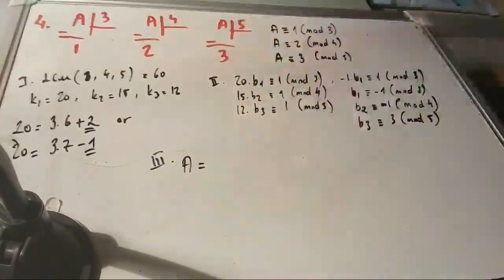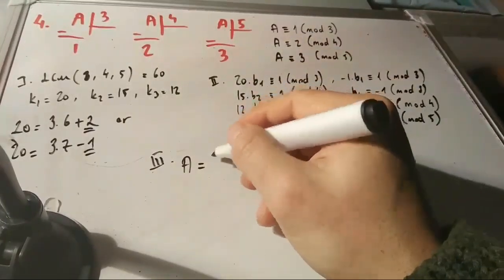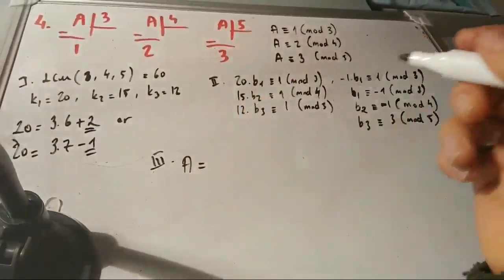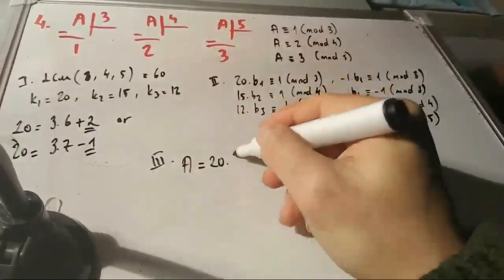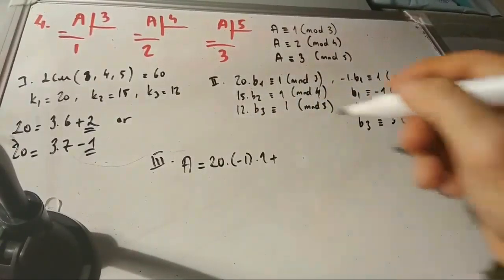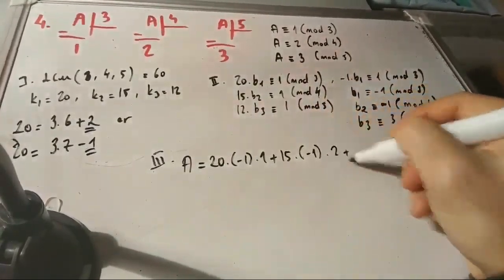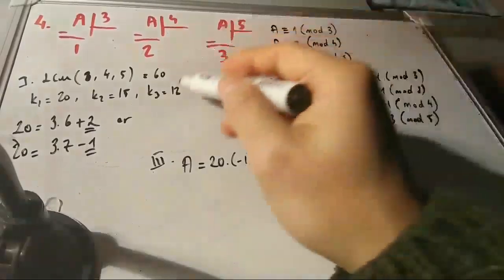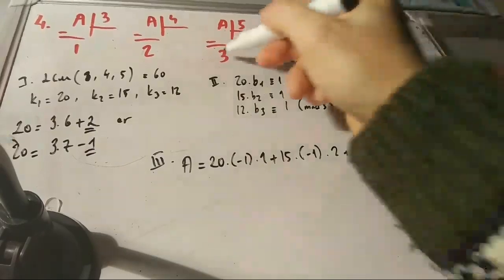We are going to take these remainders. Let me write it out. 20 times negative 1 times 1 plus 15 times negative 1 times 2 plus 12 times 3 times 3.